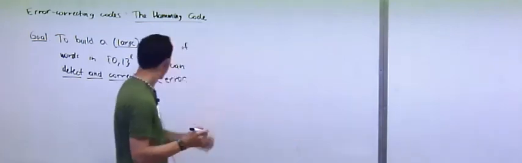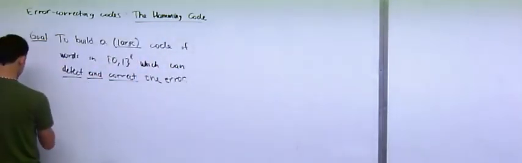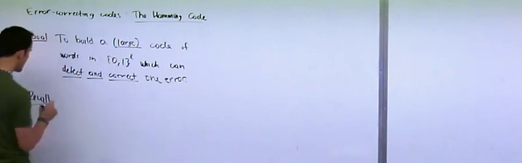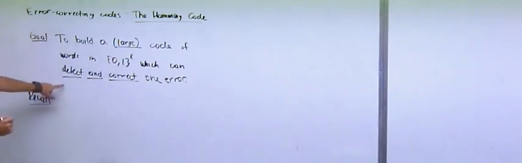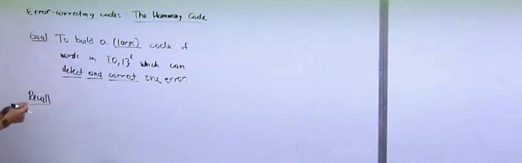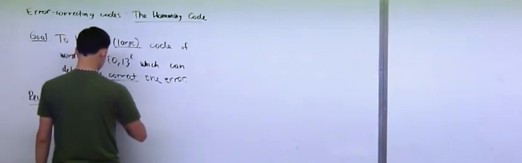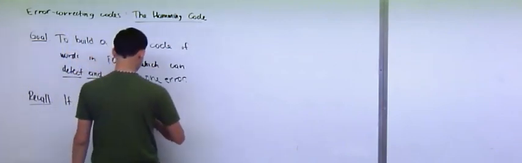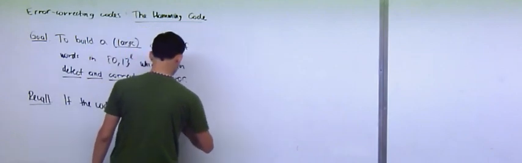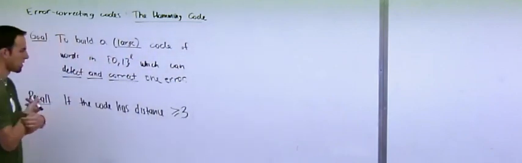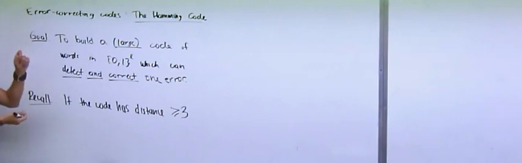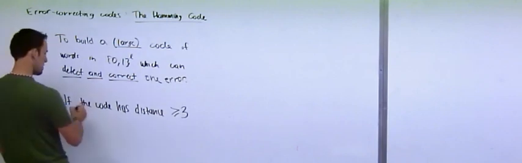Okay. Now, recall what we said last time, that if you pick a bunch of words that are a distance 3 from each other, then you can detect and correct one error. If the code has distance 3 or more, if every two words differ in at least 3 positions, then one mistake can be detected and corrected.